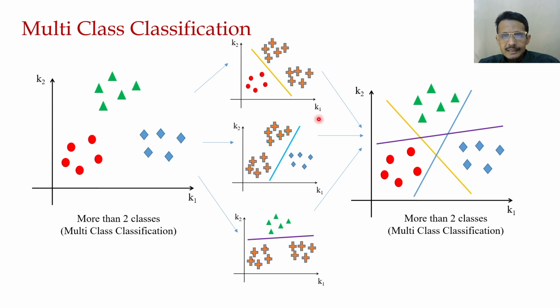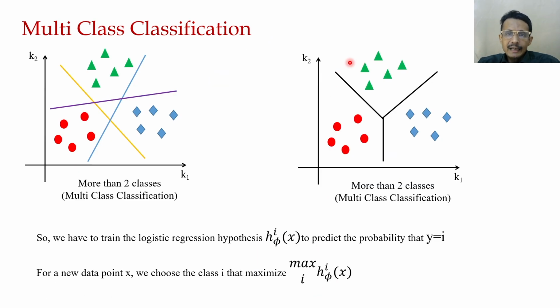If we take all 3 into account, we get these 3 decision boundaries by virtue of these groupings. So this is one group, another group, and the third group.